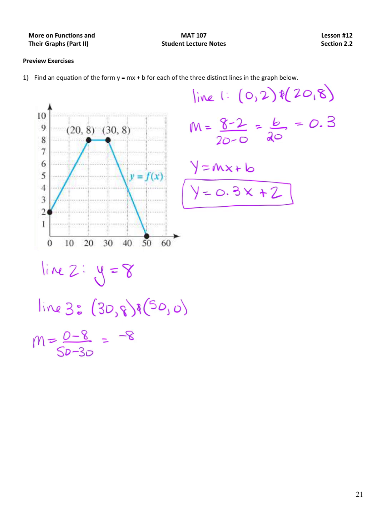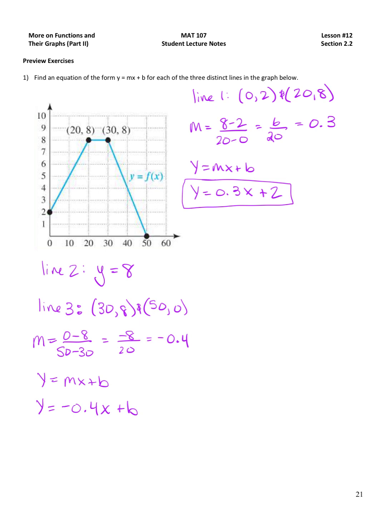So I have negative 8 over 20, and that would be negative 4 over 10, or negative 0.4. And then I have y equals mx plus b. I know the m, negative 0.4.